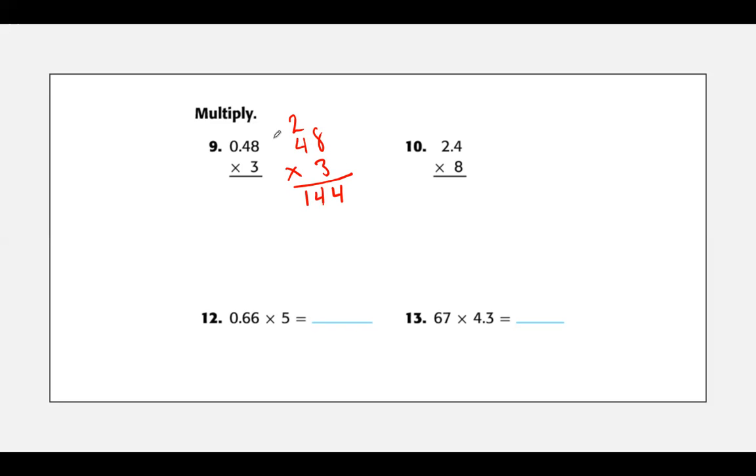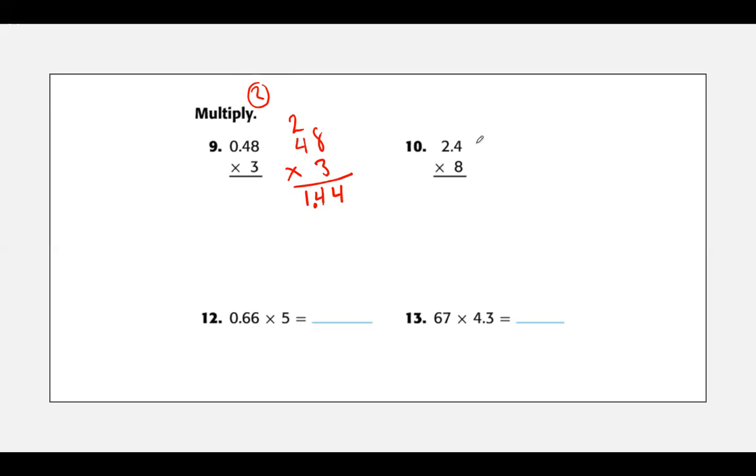Okay, so now we have to add our decimal point back in. So how many numbers, oh, I didn't write that down, sorry, 2. How many numbers do we have? 2. So I want to go 1, 2, and put in my decimal point right here. So I have 2 numbers to the right of the decimal point. So my answer is 1 and 44 hundredths.